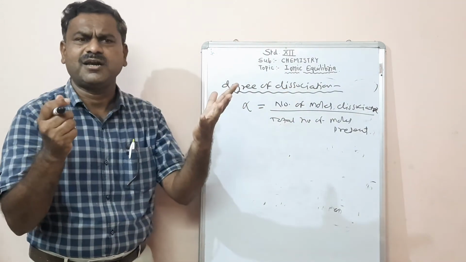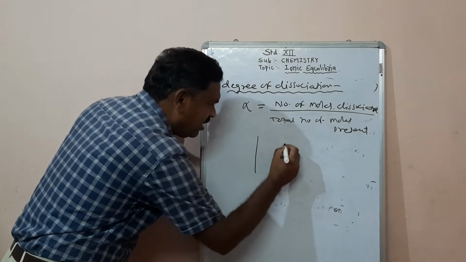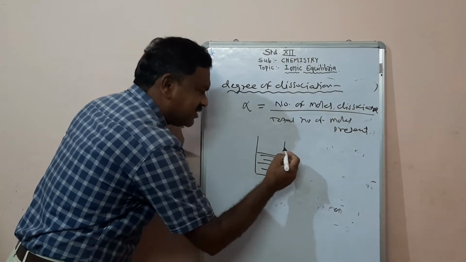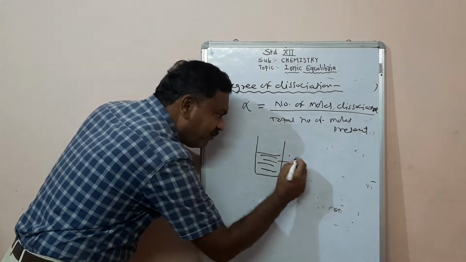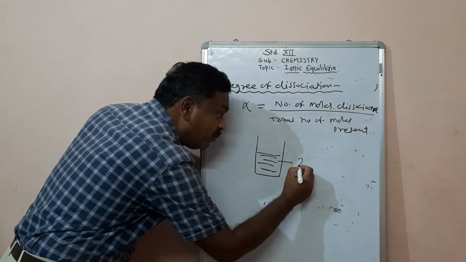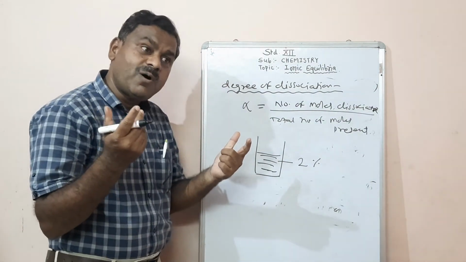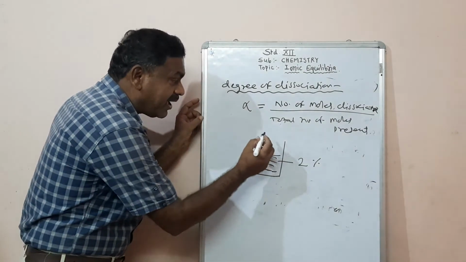That is one fraction. Now let us consider, suppose you take 100 molecules of one substance, add it to water to form ions, and only 2% are dissociated. How can we calculate the degree of dissociation, alpha?